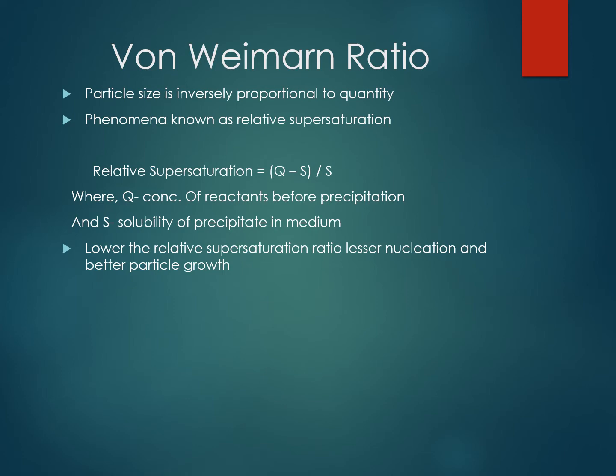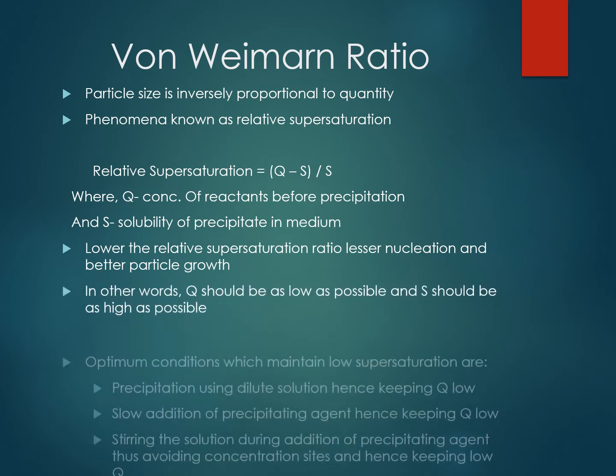As you can see in the equation, Q is the concentration of the reactants present before the precipitation stage. Here reactants means the substances that are present in the sample solution along with the ion under analysis. And S is the solubility of the precipitate in the medium which is being used.